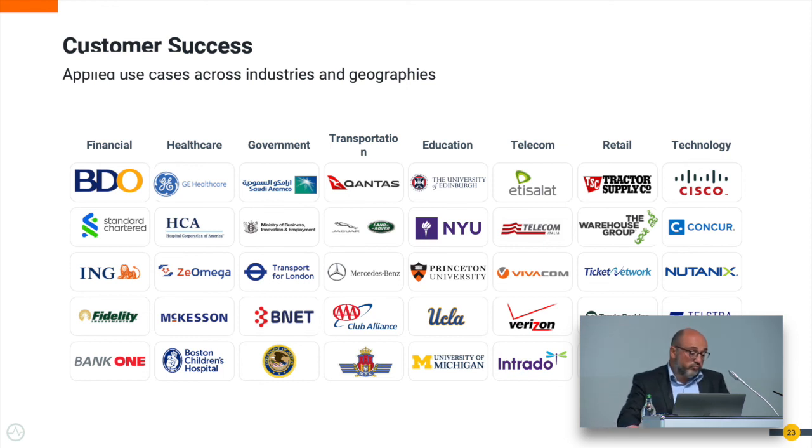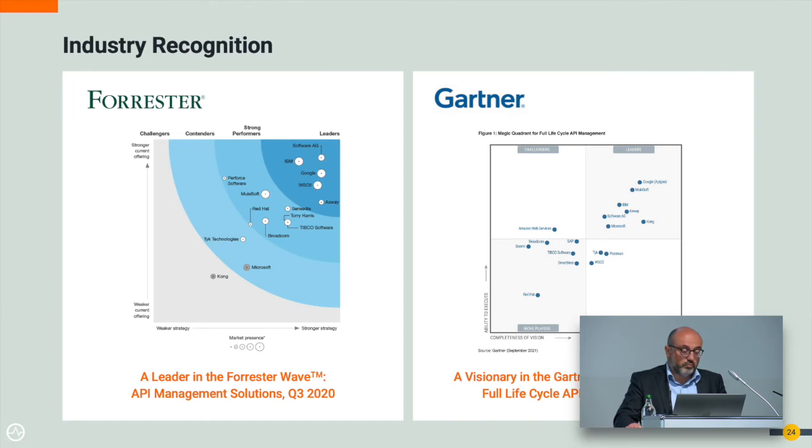Another factor that you should consider for why you would rely on WSO2 for your project is the analyst recognition. We are well reported by both Forrester and Gartner, and especially Forrester places us as a leader and assigns us a huge market share.